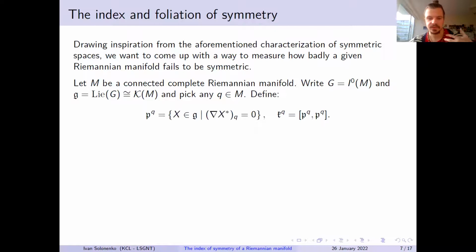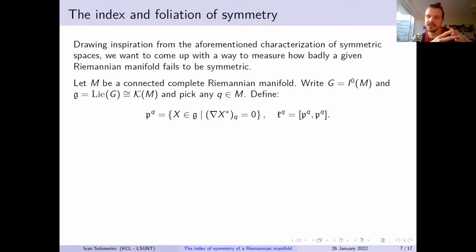And we do the thing we did in the symmetric case. Now we will refer to the point q: P_q consists of those elements in G whose corresponding Killing vector fields X star have covariant derivative at q equal to 0. And instead of writing K_q for the isotropy Lie subalgebra at q, we will instead just write the bracket of P_q with itself as K_q.